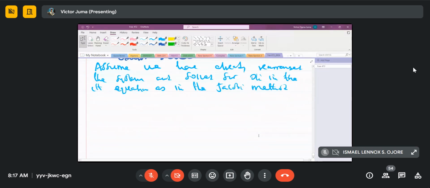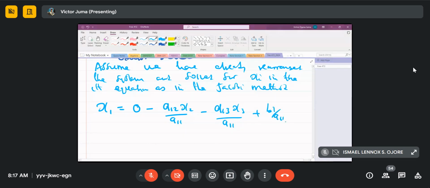Who remembers? I'm just illustrating this on this 3 by 3 system. So x1 is 0 minus a12 x2 over a11, then minus a13 x3 over a11 plus b1 over a11. I hope I'm writing the correct thing.